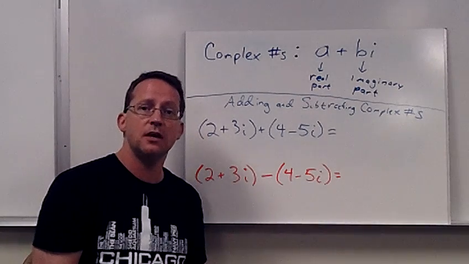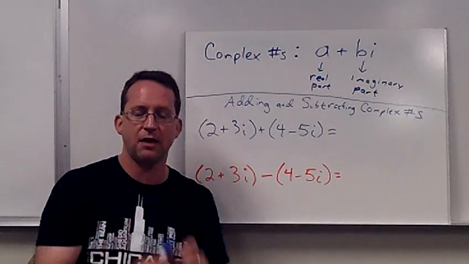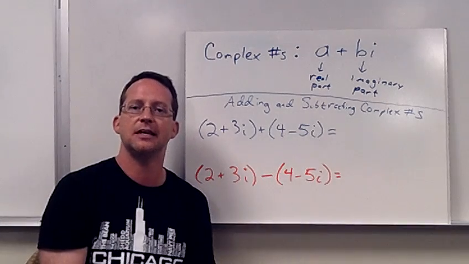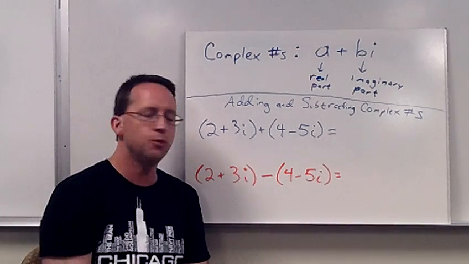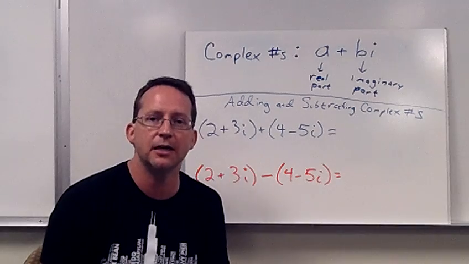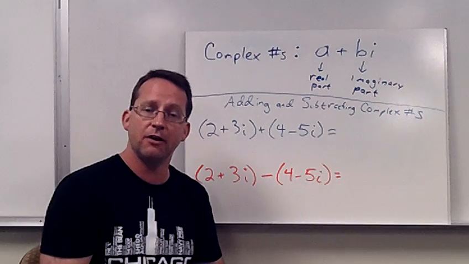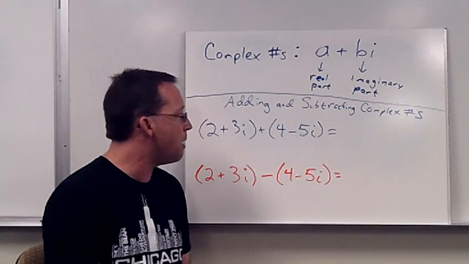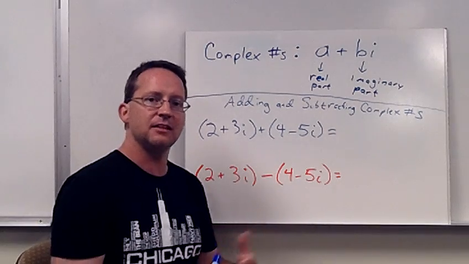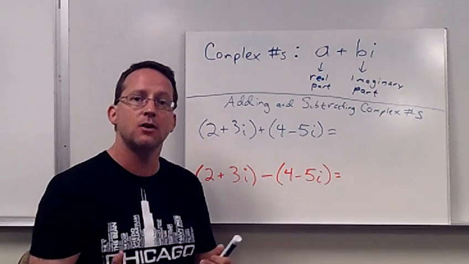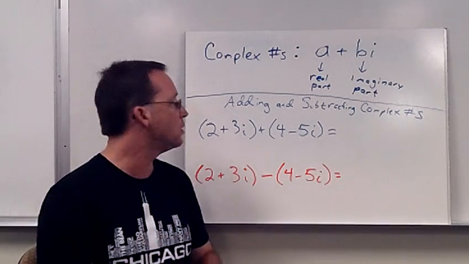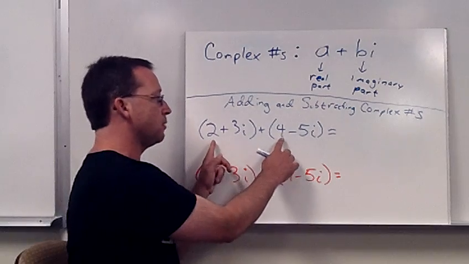The good news here is, if I just said go ahead and take a guess as to what the answer to that blue problem is, you would probably get it right. Because that i looks like a variable. Even though it's a number, it behaves like a variable, in that when we combine our like terms, we combine the regular numbers.